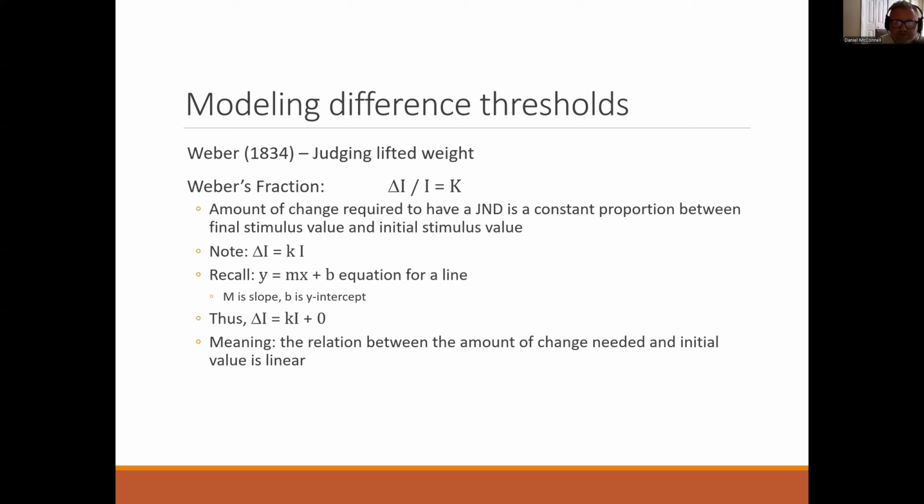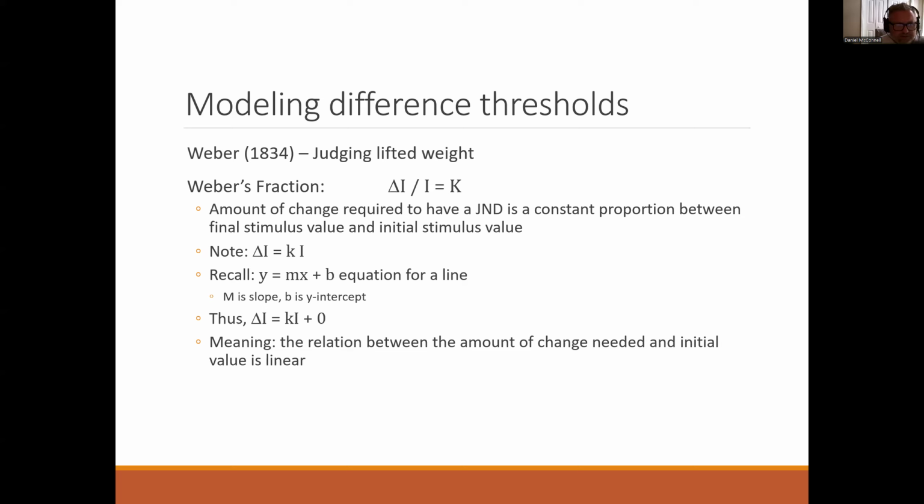Now, what are the implications of this? This is relatively straightforward. Just give yourself a chance to think about the math here. If I'm starting with a weight of a certain amount, and I want to add more weight to it in order to create a noticeable change, a noticeable difference, I have to increase the amount of weight, not by a fixed amount, but by a fixed proportion, right?